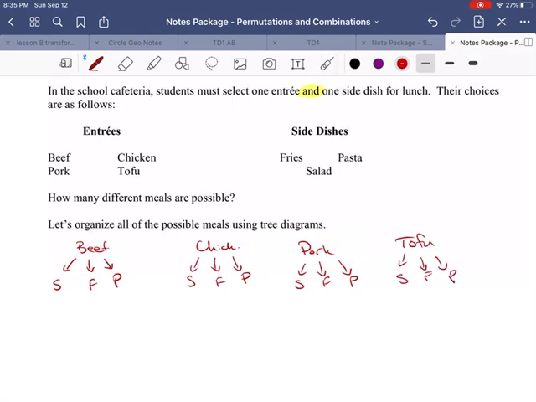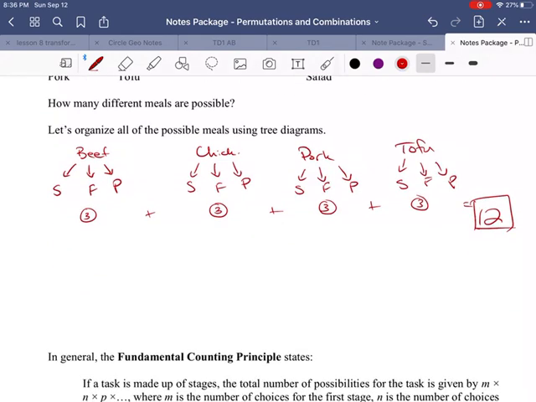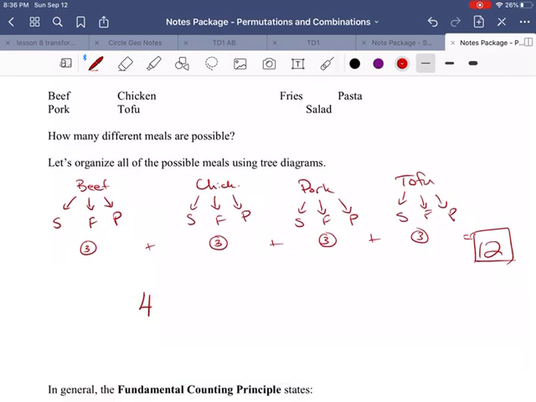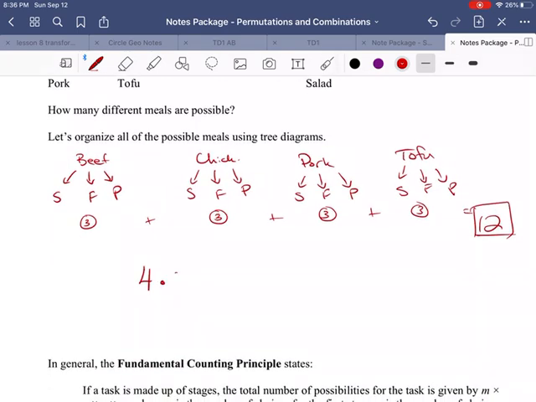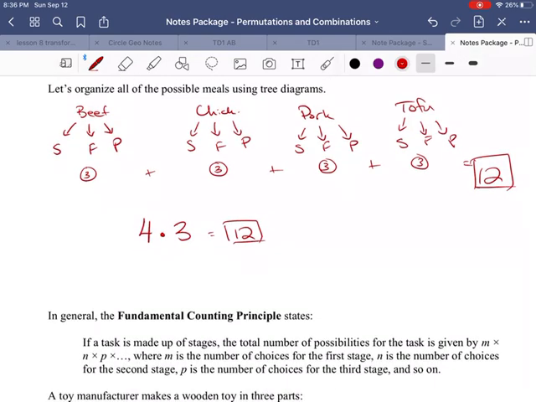If we count this up, there's 3 plus 3 plus 3 plus 3 gives us 12 different meals. So the AND situation, if we multiply the 4 entrees by the 3 sides, that's the same as drawing a tree diagram.